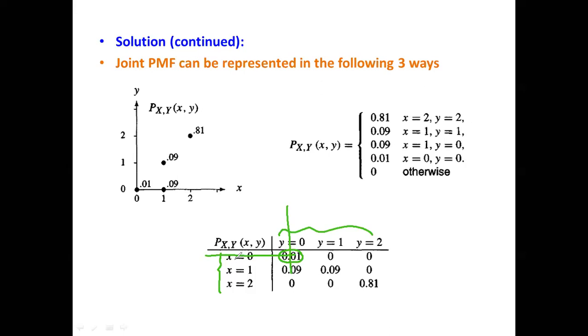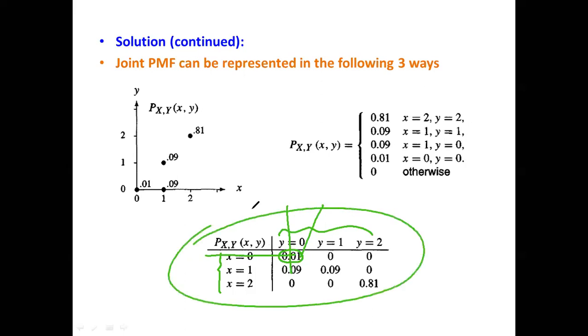So that means x equal to 0, y equal to 0 will give us this probability. This kind of expression we will use to find out the different kinds of marginal probabilities. We'll see. So this is how it works.